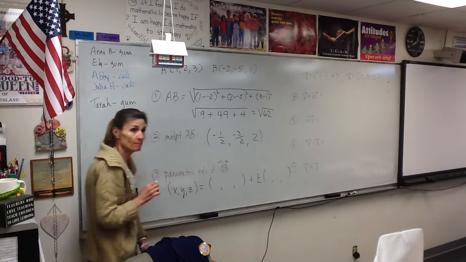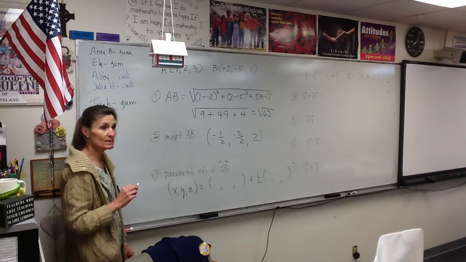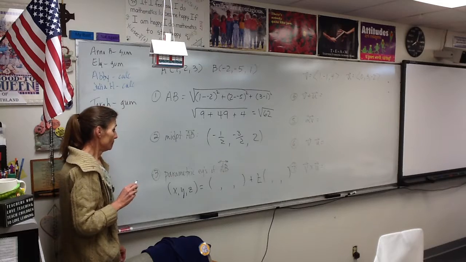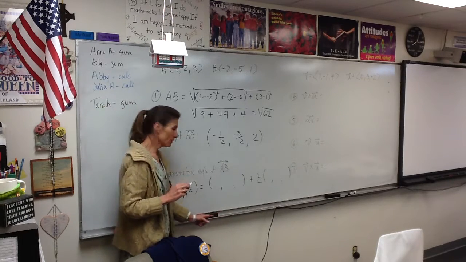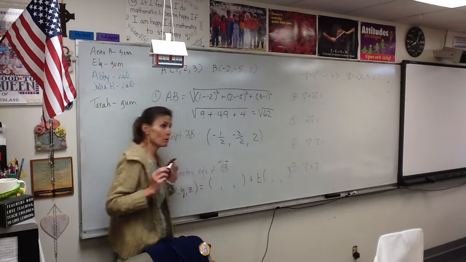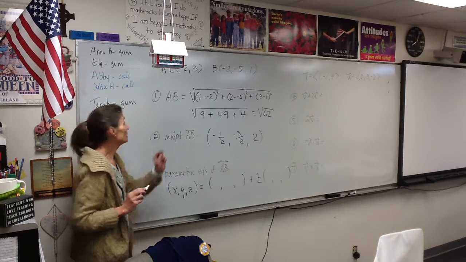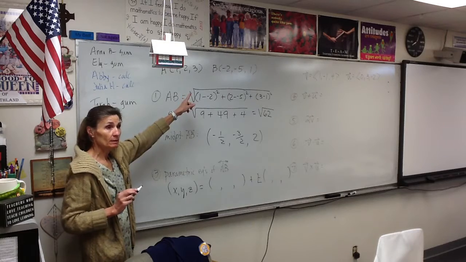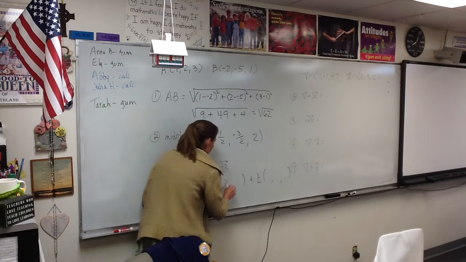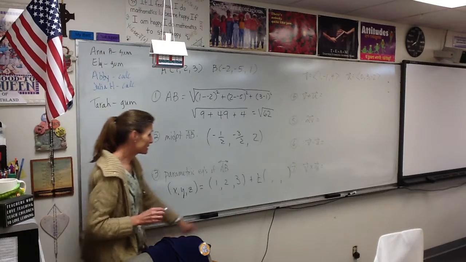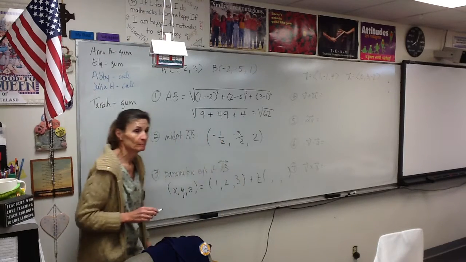Do you remember that? Oh boy, we need to remember that. Does anybody remember what goes in this first parentheses? One of the points. Doesn't matter which one. So it's a 1, 2, 3 right here. This is a t. Remember, that's your parameter.